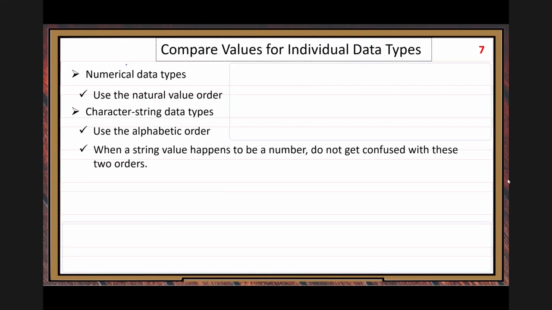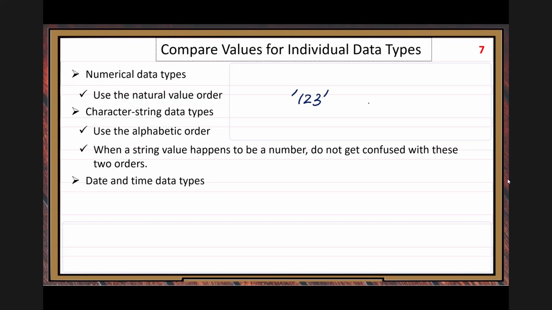So when a string value happens to be a number, do not get confused with these two orders. Because sometimes a string value could be only digit characters. Then you should not use the natural numerical order. Let me give you an example. For example, you have 123. This is a string, so I use single quotes around it.